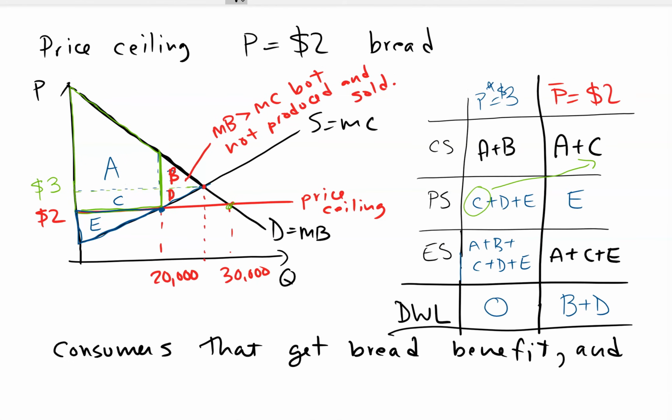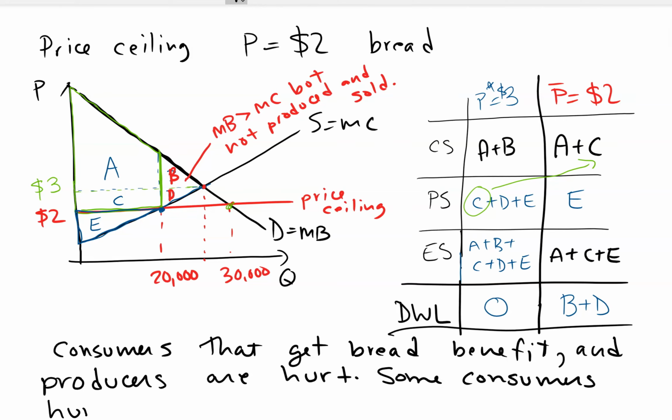And producers are hurt in two ways. One is they get a lower price, and two, some of them can't sell them. But also, some consumers are hurt because they can't access the good. So not only are producers hurt, but the consumers who no longer get access to this good are also hurt as well.